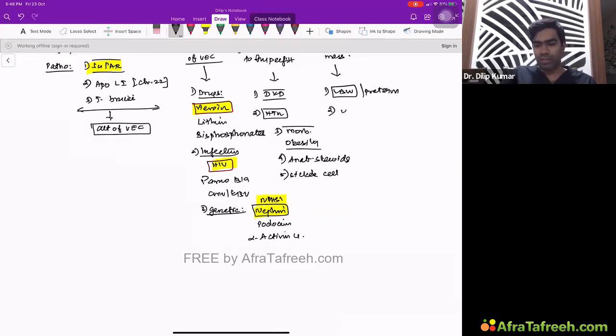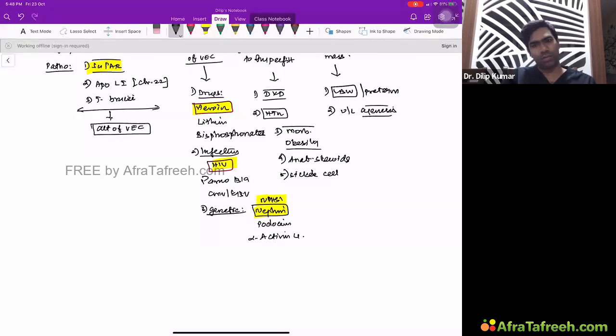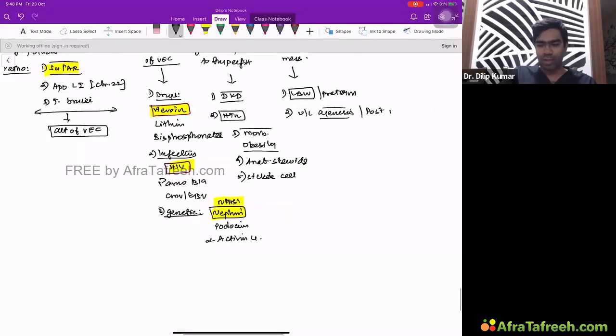And if there is a unilateral agenesis of the kidney, which means only one kidney is there which has to take the entire load, so hyperfiltration can go for FSGS. Or post unilateral nephrectomy. Don't tell this to the kidney donors, because otherwise they won't donate the kidneys.